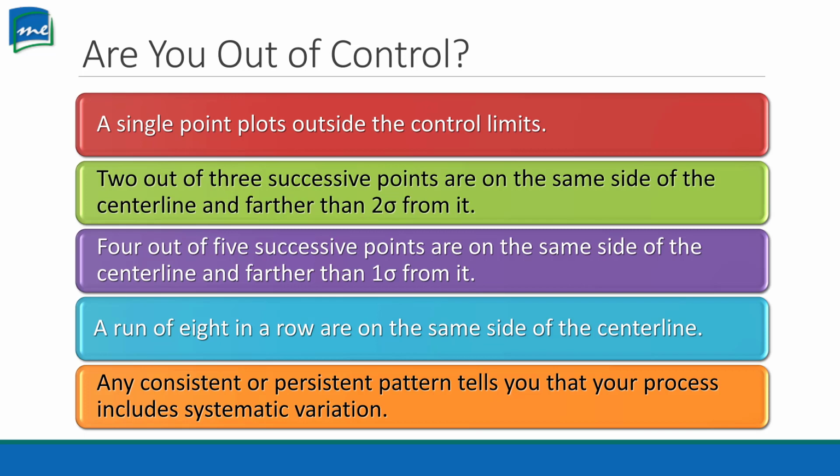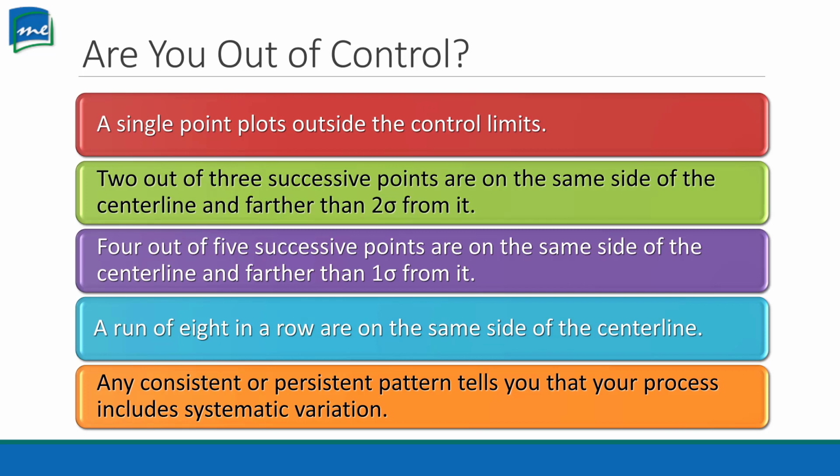Most companies have software that automatically generates these charts, and it will tell you if it's in control or out of control because it's been programmed with these rules. So knowing these rules is helpful, but just to be honest with you, there's software for this.